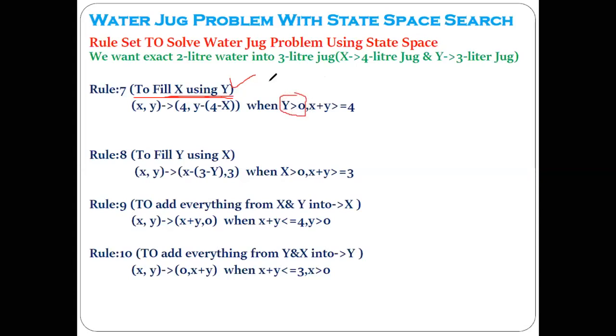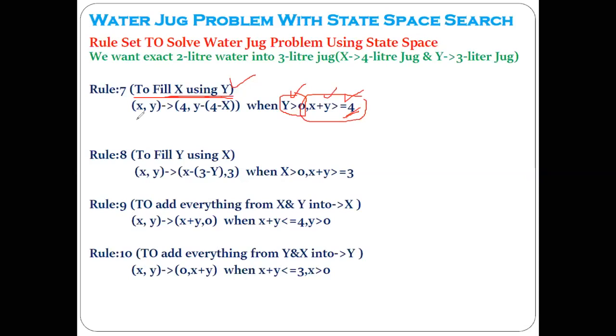And if you are filling X using Y, it should be like X plus Y is greater than or equal to 4. Yes or no? If you are filling the X completely using Y, it will be like this: X plus Y greater than or equal to 4. Because you cannot fill the X jug more than 4. Correct? Understood? Okay. Yes, sir.